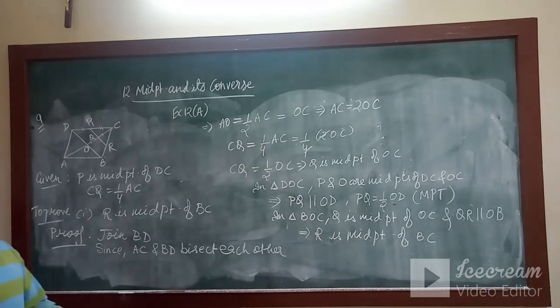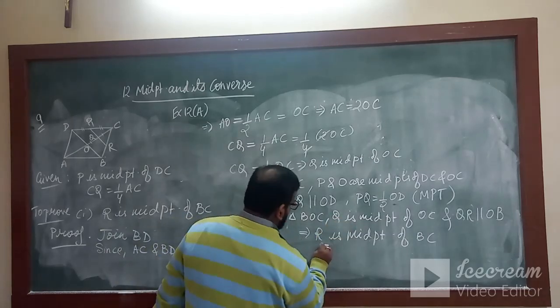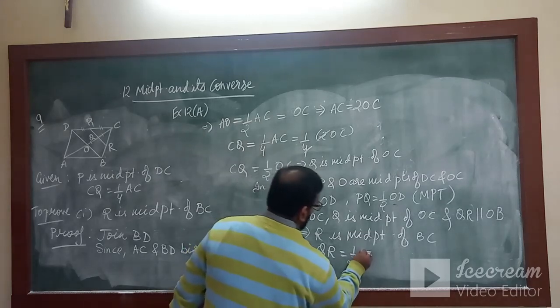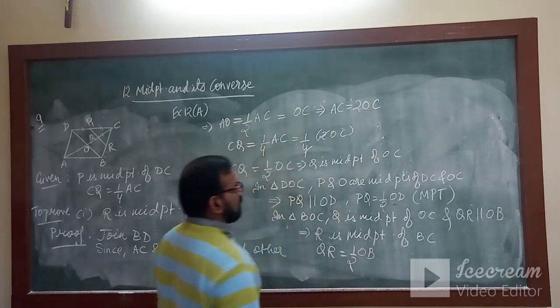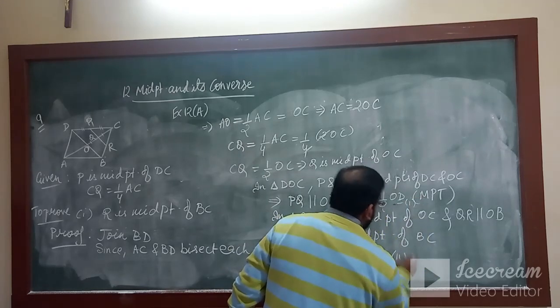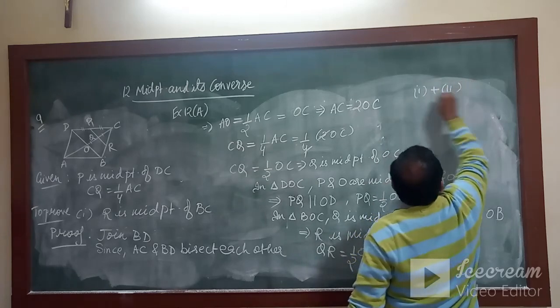Next we have to prove PR equal to half of BD. So here we will get one more thing, that is QR equal to half of OB. Okay, so this I am taking as first and this is our second. So we will do 1 plus 2 here.